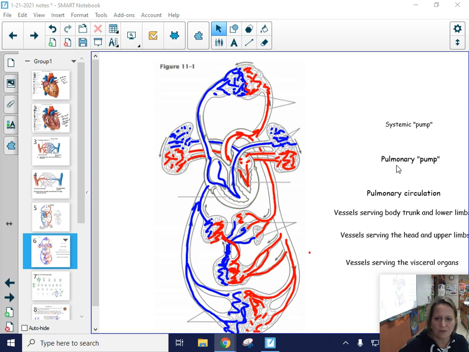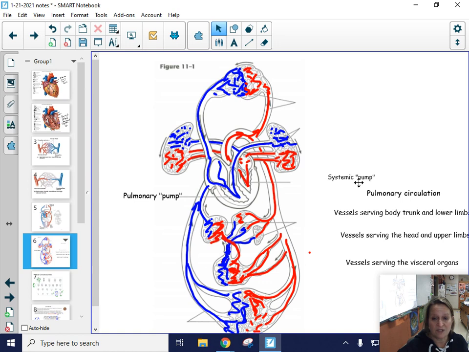So let's look at what this is. Pulmonary pump, that means that you're pumping to the lungs. So that is going to end up being right here, your right ventricle. And then systemic pump, that's going to your entire body, your system. So that's going to be your left ventricle.